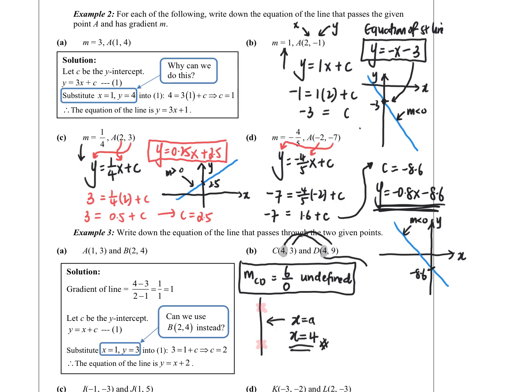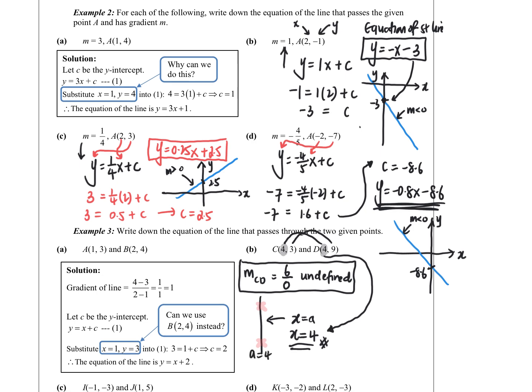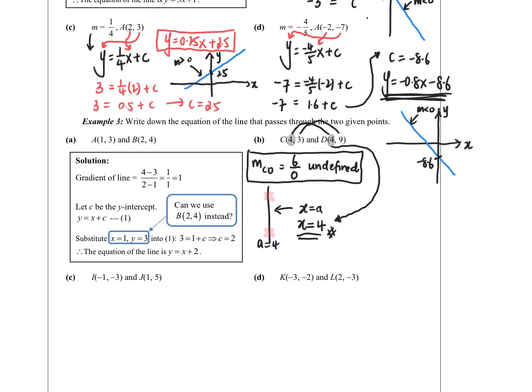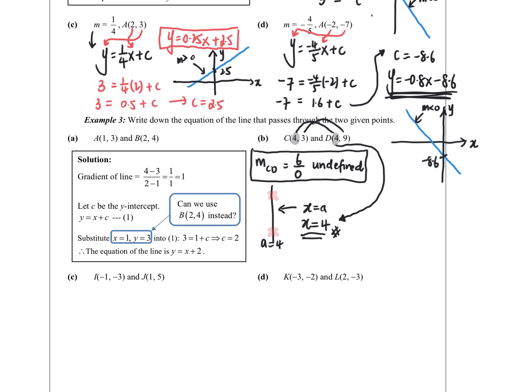Okay? Take the x value from here, because the x coordinate of the 2 points never changes. Okay, it is where x is 4. 4, 3, then 4, 9.